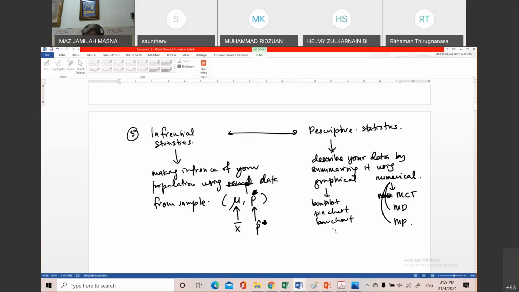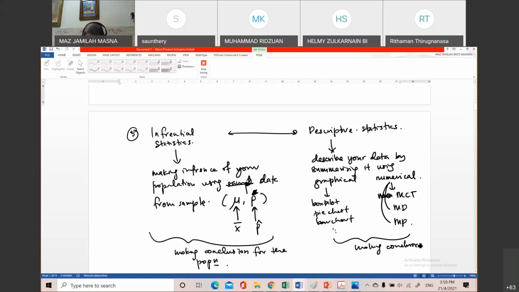So that is the difference between descriptive and inferential statistics. Inferential includes making conclusions for the population. Here in descriptive, you are just making conclusions for your data only, which is from your sample.